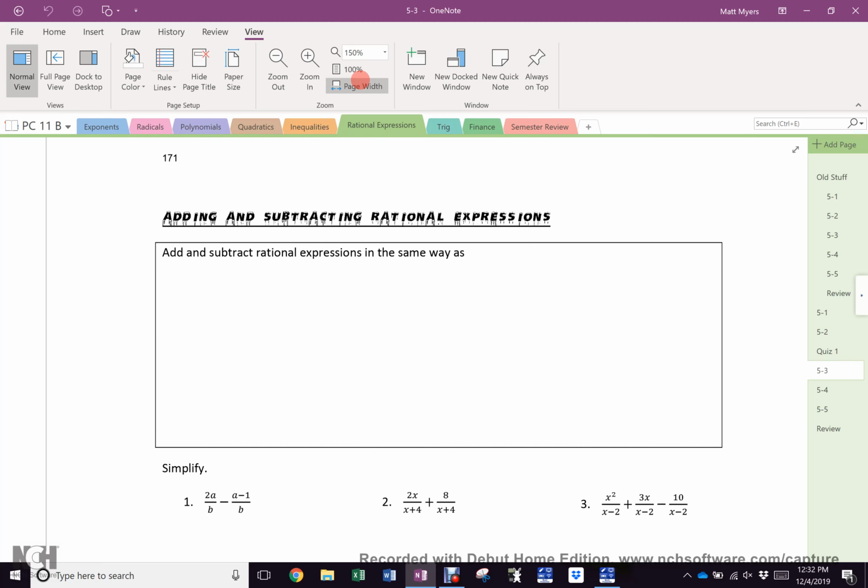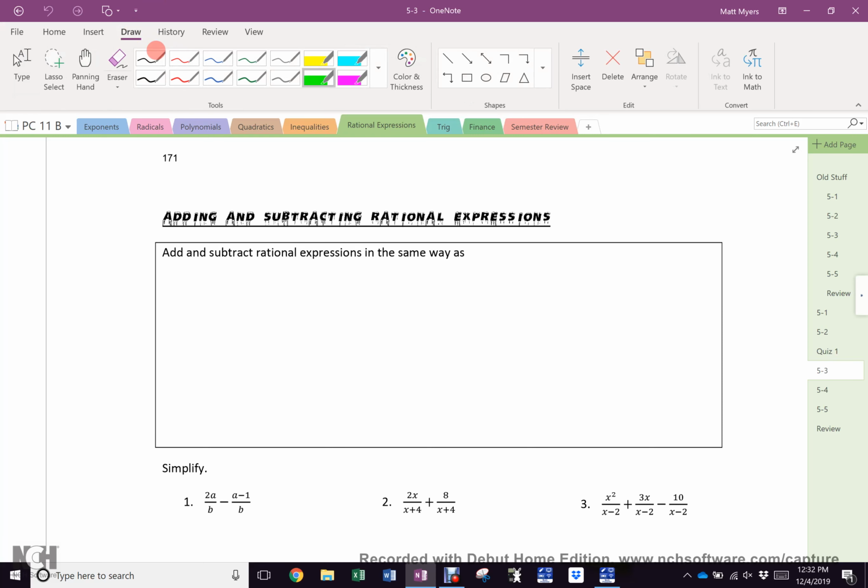Okay. So, add and subtract rational expressions in the same way as we add and subtract fractions. Now, let's start once again with a very easy one.